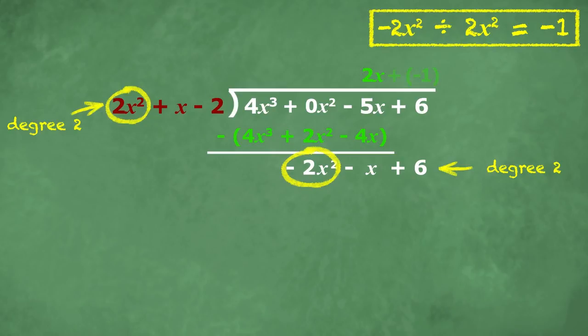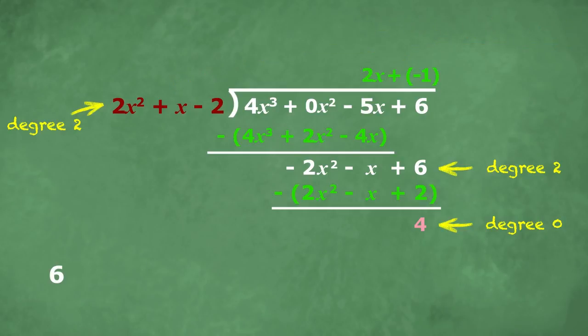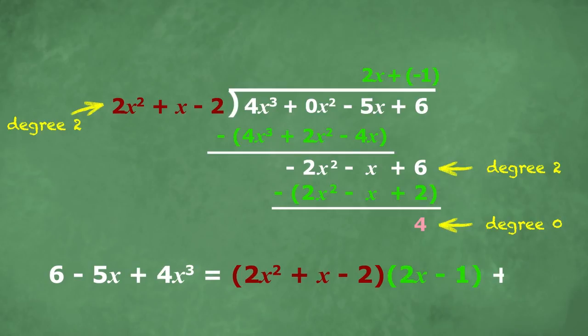We write negative 1 in the quotient and multiply the divisor to obtain negative 2x squared minus x plus 2. Subtract this remainder from the degree 2 dividend to get a constant 4. This is a degree 0 polynomial, so the long division stops. Like before, we can write a polynomial as a product of the divisor and the quotient plus the remainder.